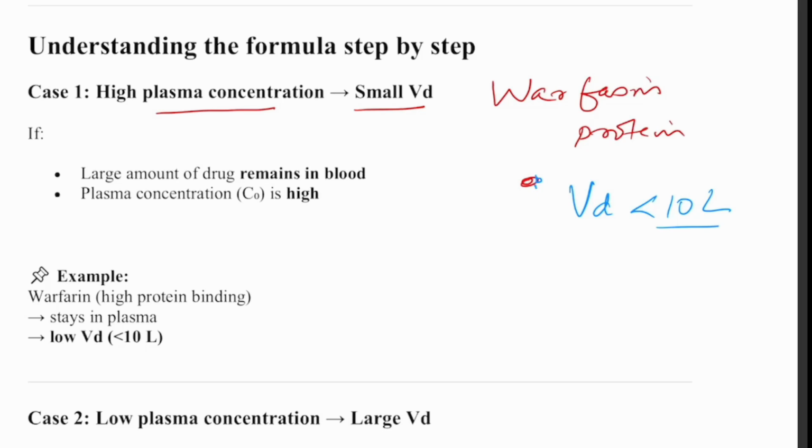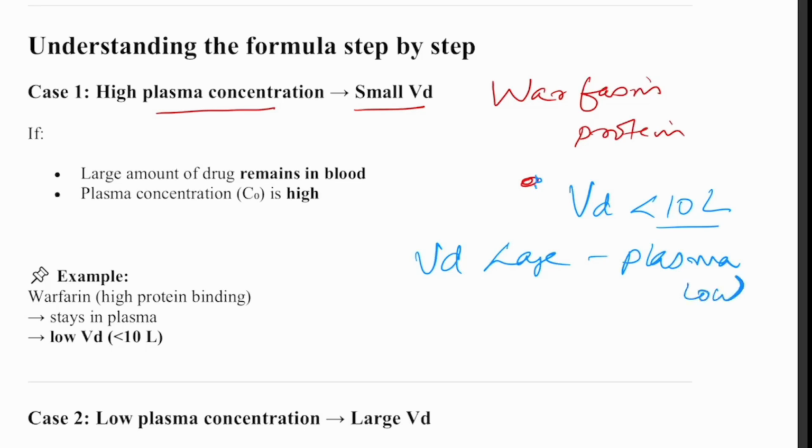So let us now take another example. Large volume of distribution. So when the volume of distribution is large, the plasma concentration will be low. Hope it is clear.